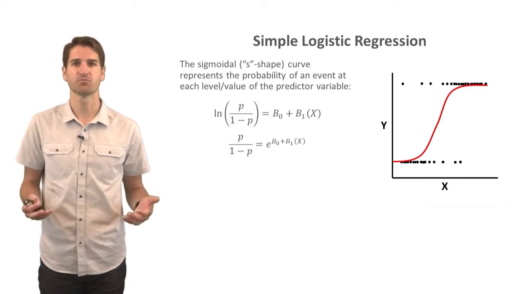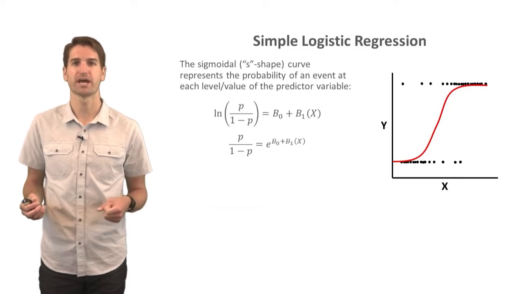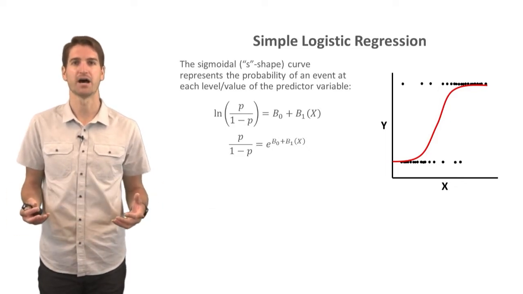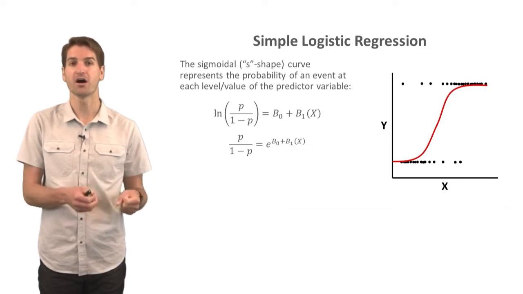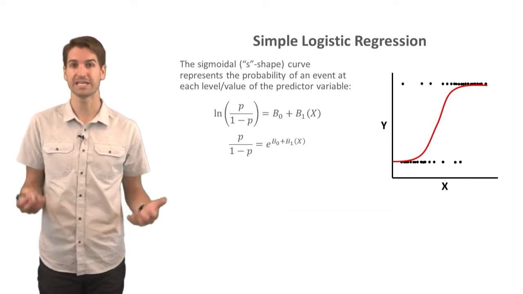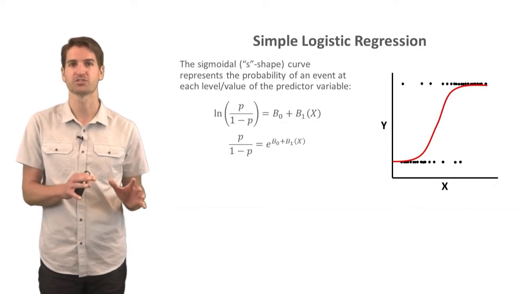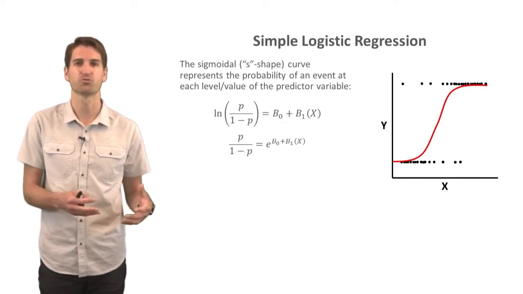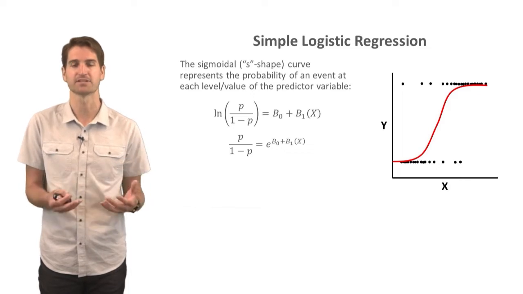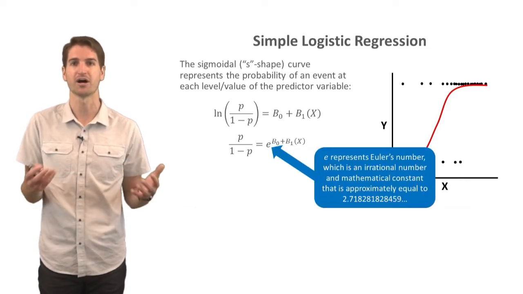And so the next thing that we can do is, if we exponentiate out the natural log, we'll find that the odds is equal to Euler's e, which is represented by that little e there, which let's make sure we distinguish that that doesn't refer to residual error or anything like that. This is in fact a mathematical constant.